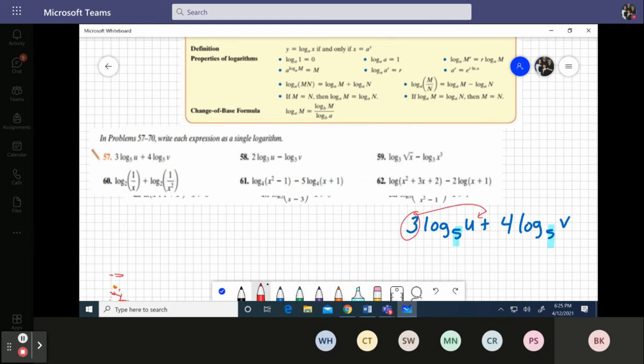But that's going to come up to the u. So I have u to the third plus v to the fourth. Then 1 log base 5 u to the third times v to the fourth. Putting it back into 1.